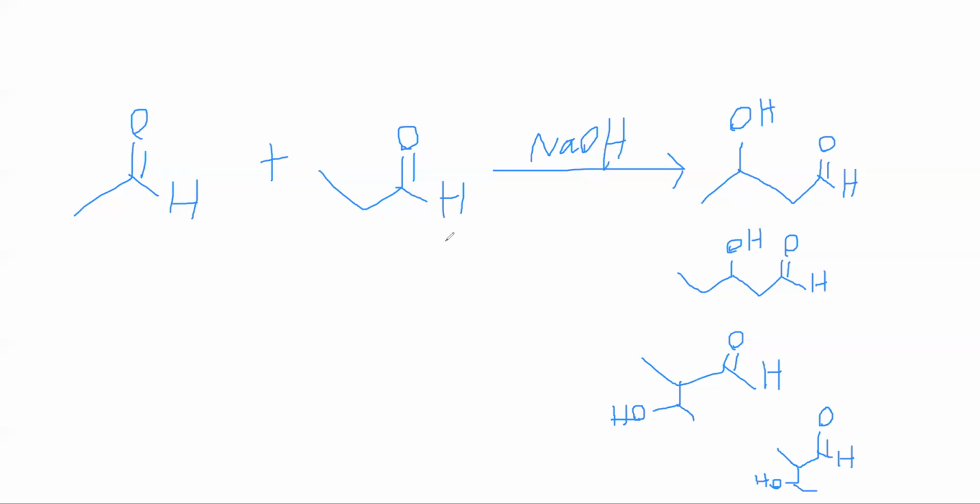So if you're trying to do an aldol reaction between two different aldehydes, or an aldehyde and a ketone, what you generally do is have one of your aldehydes have no alpha protons. Like this benzaldehyde, this is the alpha position. There are no protons there. We can't form an enolate.